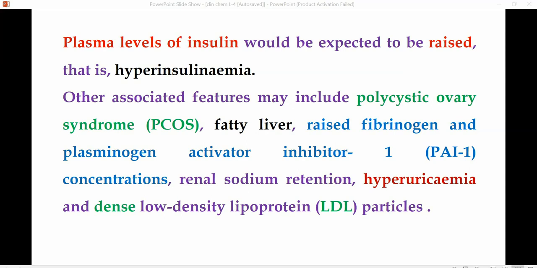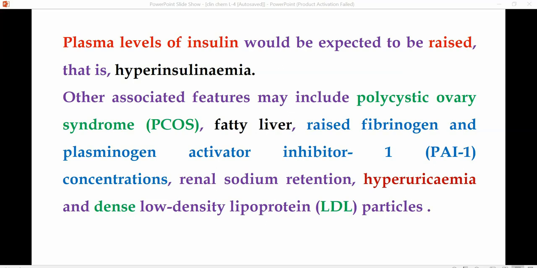In these conditions, where the plasma insulin level is elevated, the condition is hyperinsulinemia, which could result in several metabolic complications.